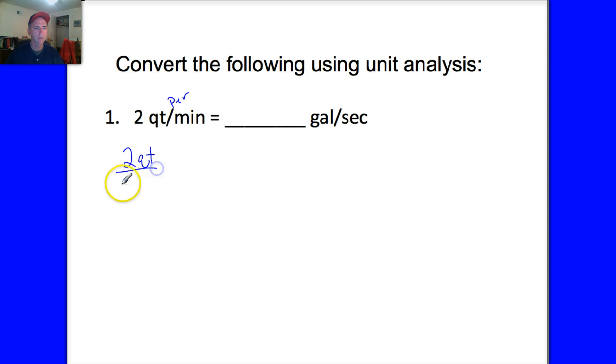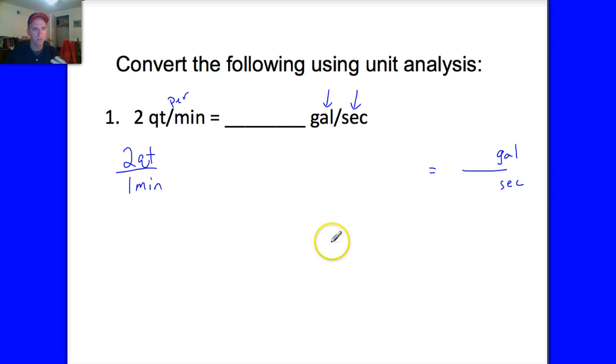But I want you to write the fraction like this. It's per 1 minute. And you have to put the label in the denominator now. Notice they're asking us to make a conversion change of the capacity as well as the time. So when we're all done with this, we need to have gallons at the top and seconds in the bottom.